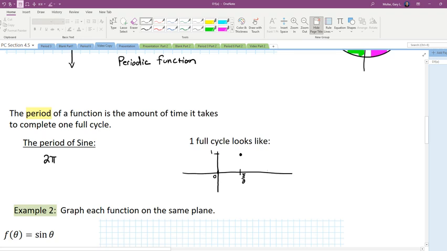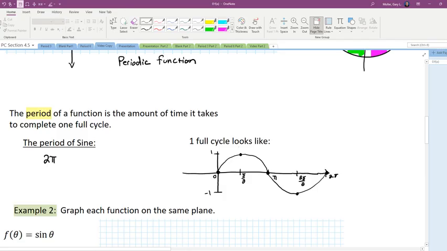We know at pi, we're back at 0. And we know at 3 pi over 2, we're down at -1. And then back at 2 pi, we're at 0. So one cycle, one period of sine looks like this. So we just round it off.